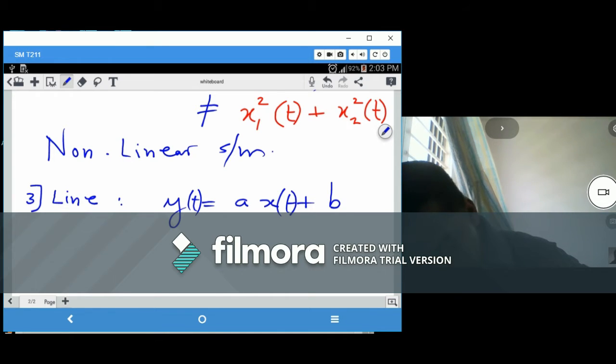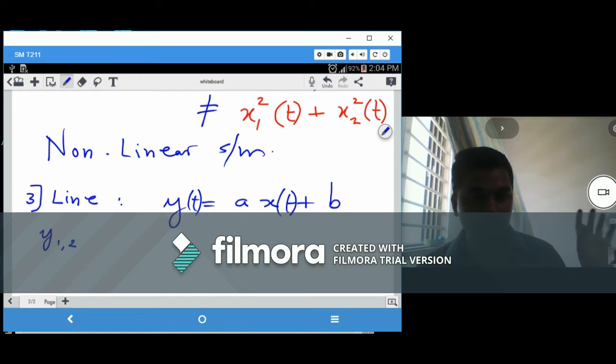Now we have to check if this is linear or not. So let us just directly write y1. I'll use a quite different notation here. I'll write y1 comma 2, which implies that I'll be taking only one of the indices at a time.